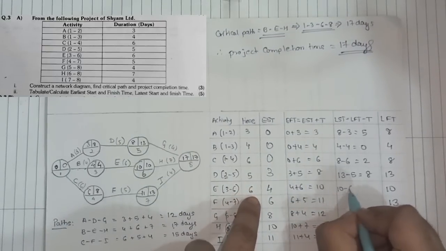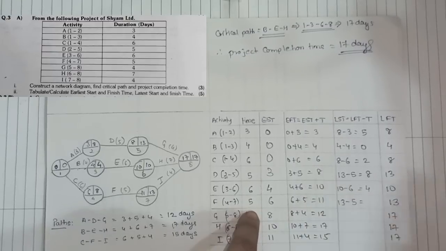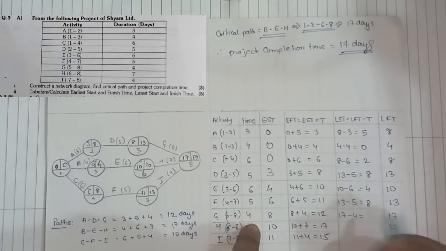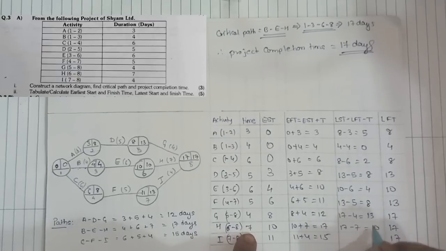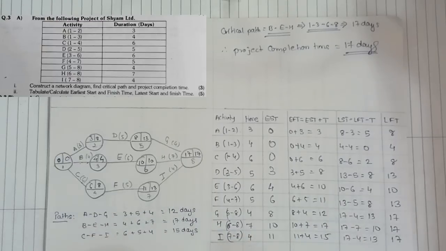Okay, 10 minus 6 is 4. 13 minus 5 is 8. 17 minus 4 is 13. Okay, 17 minus 7 is 10, and last 17 minus 4, which is equal to 13.